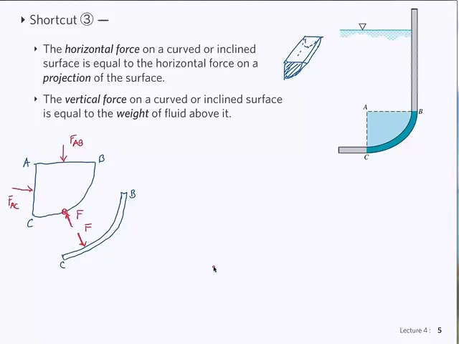So I've separated the wall from the volume of fluid to obtain F. We're isolating the volume of fluid ABC times a unit depth. And so you can see immediately from my picture here, by isolating the volume of fluid, that the horizontal force on this wall must equal the horizontal component of the resultant force, right? Immediately.